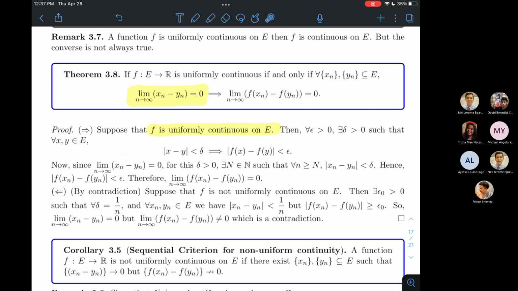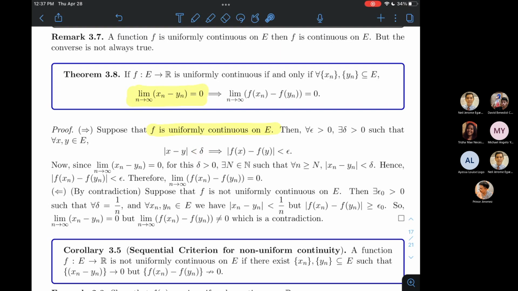Alright? Since xn minus yn converges to 0, then there exists a delta greater than 0 such that for any epsilon, kasi nasa definition ng convergence ng sequences, that will be true for any epsilon greater than 0. But I have a delta here that is greater than 0.